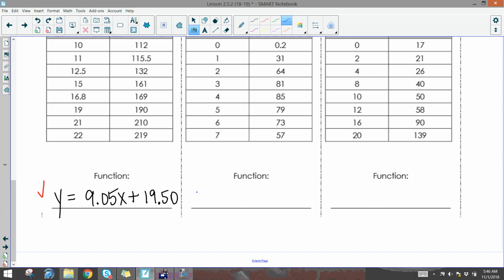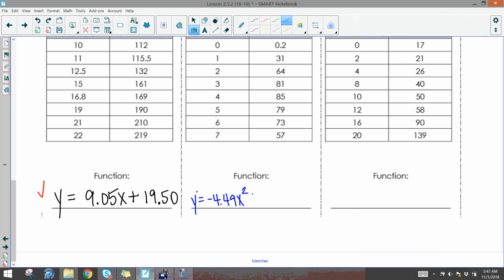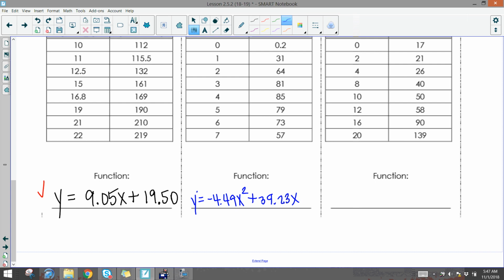y equals negative 4.49x squared. My b value is 39.23, so plus 39.23x. And minus 0.025, which we're clearly not going to round because it takes more work to round than to write all three out.